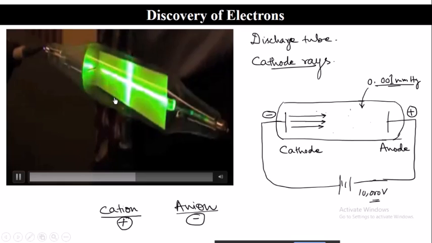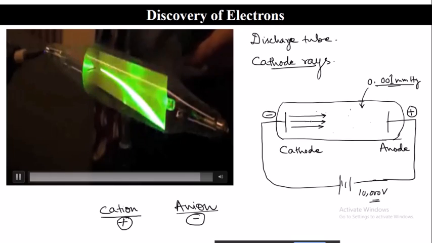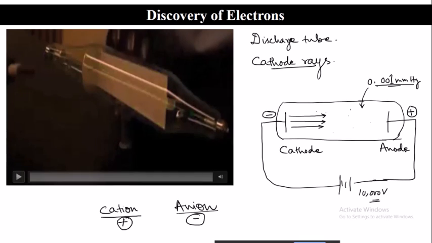Otherwise it is moving in a straight line. We know that these rays move from cathode to anode because they start from the cathode. They are known as cathode rays.